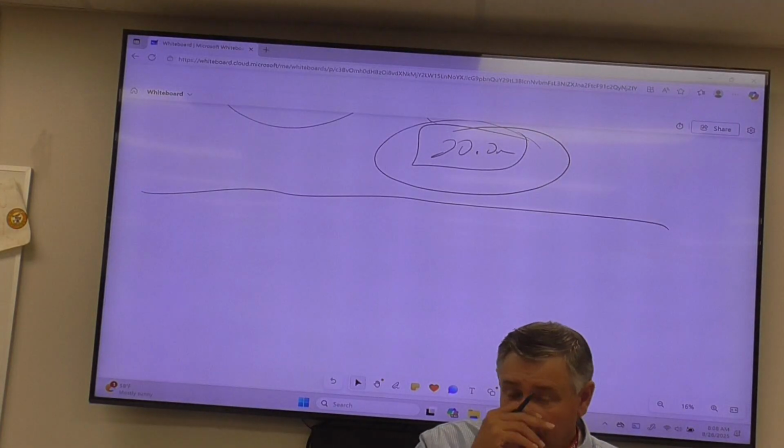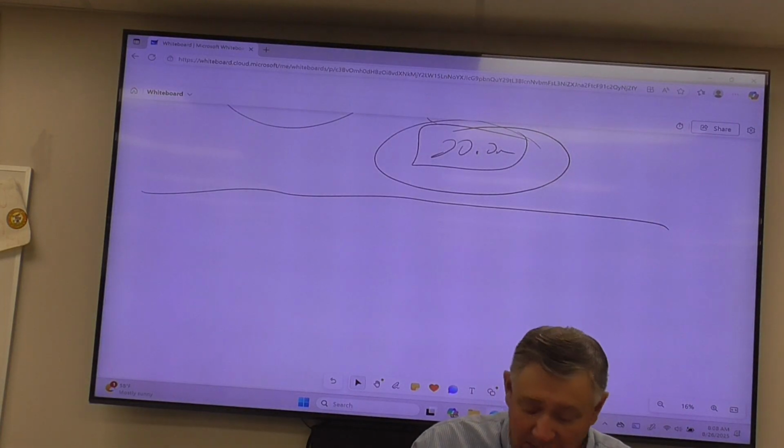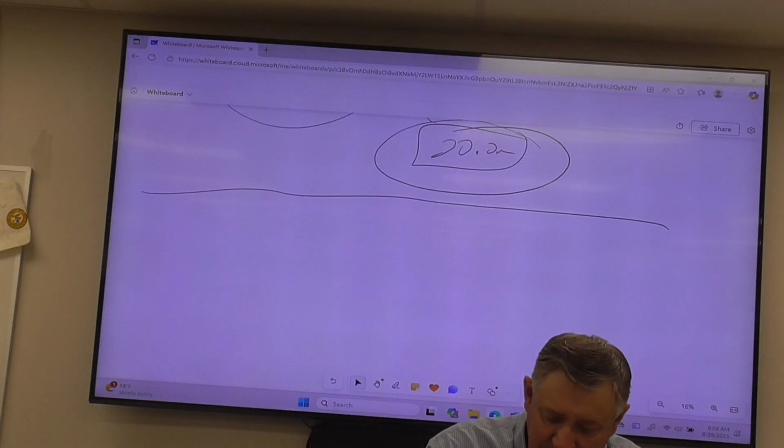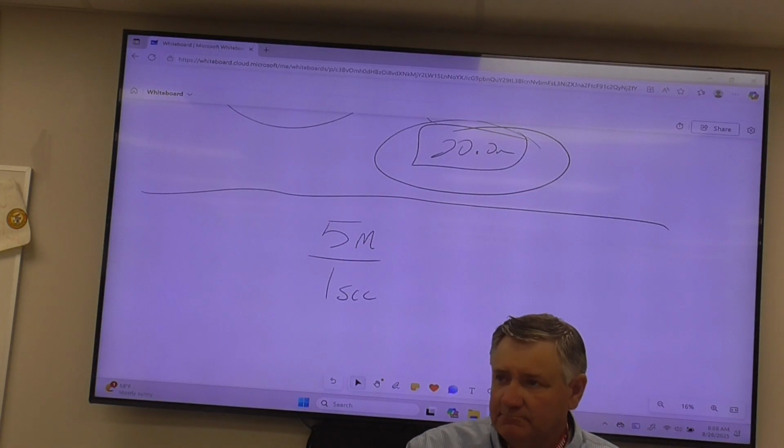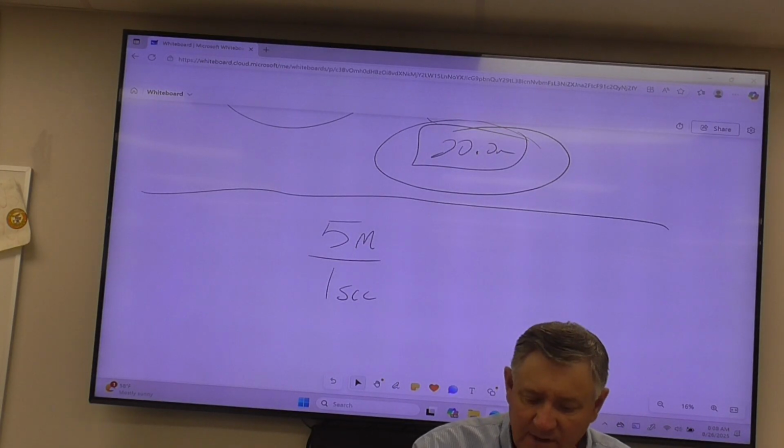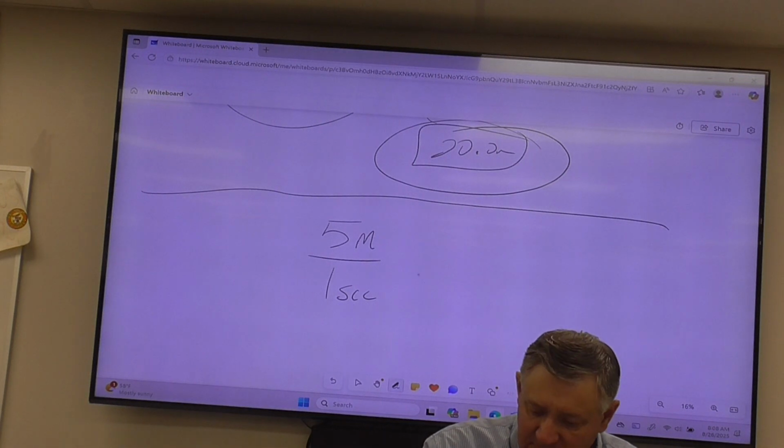The other thing that you can do, if you like ratios, is this: I told you that Dylan ran 5 meters per second. So that means that he runs 5 meters in 1 second. You can set this up as a ratio. If he runs 5 meters in 1 second, he's going to move X number of meters over 4 seconds.